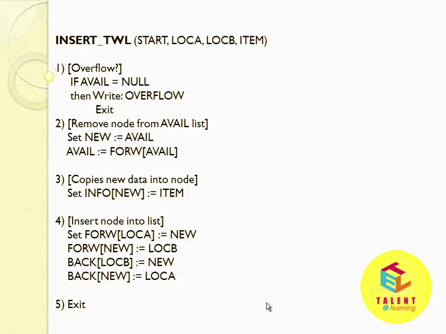Step 2. Remove the node from avail list. Step 3. Copy new data into the node. Step 4. Insert node into the list. Step 5. Exit.